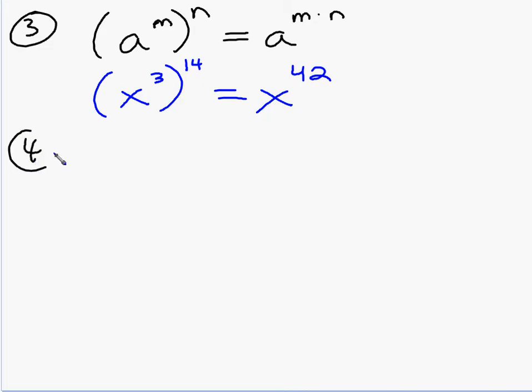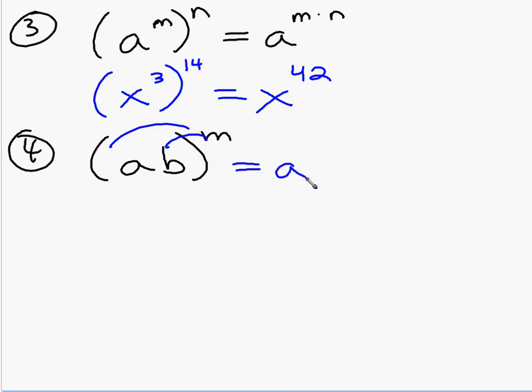Next, what if I have a times b to the m? Well, then the power gets distributed to both of our terms in here. So this would become a to the m, b to the m. Now, often with exponents, you have to combine properties.